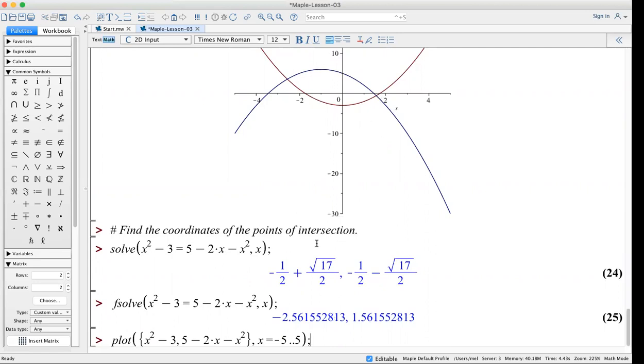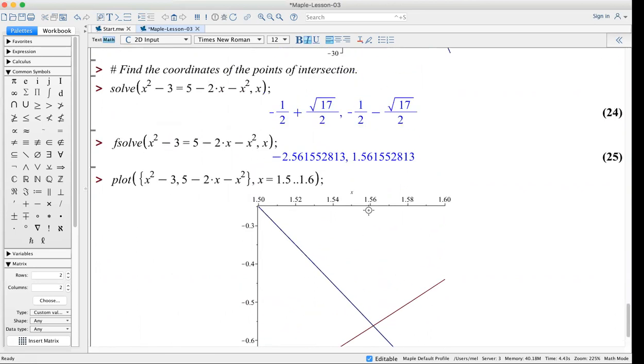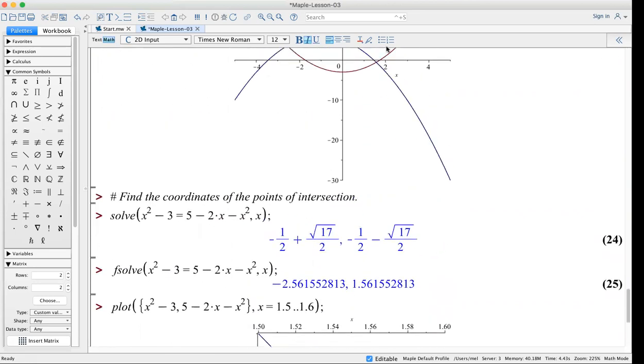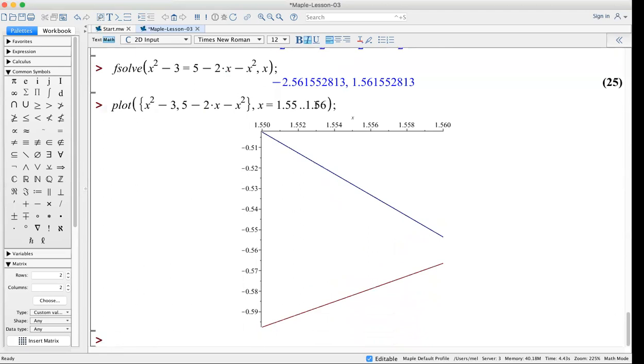This is around 1.56. So maybe I'll graph this from 1.5 to 1.6. And this is the point where the parabolas are intersecting. And the y coordinate is somewhere in this range. Let me blow this up more, maybe 1.55, 1.56.